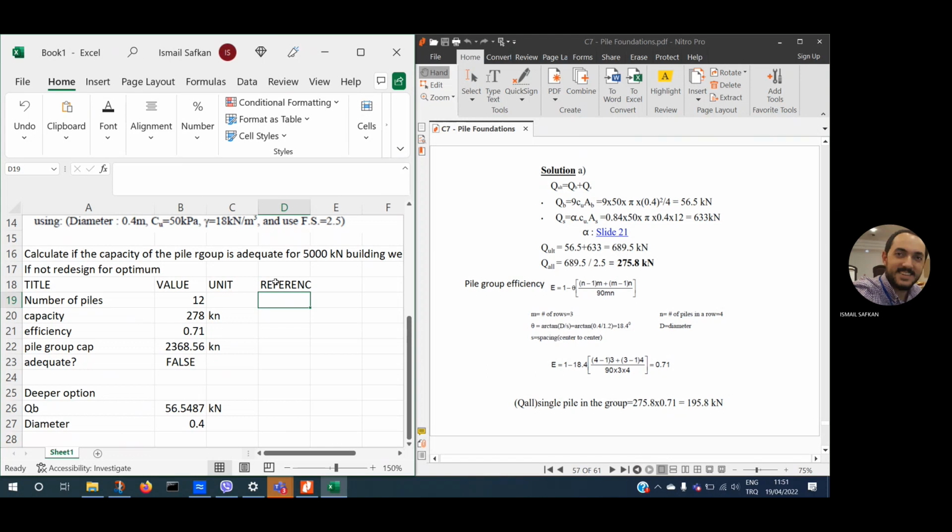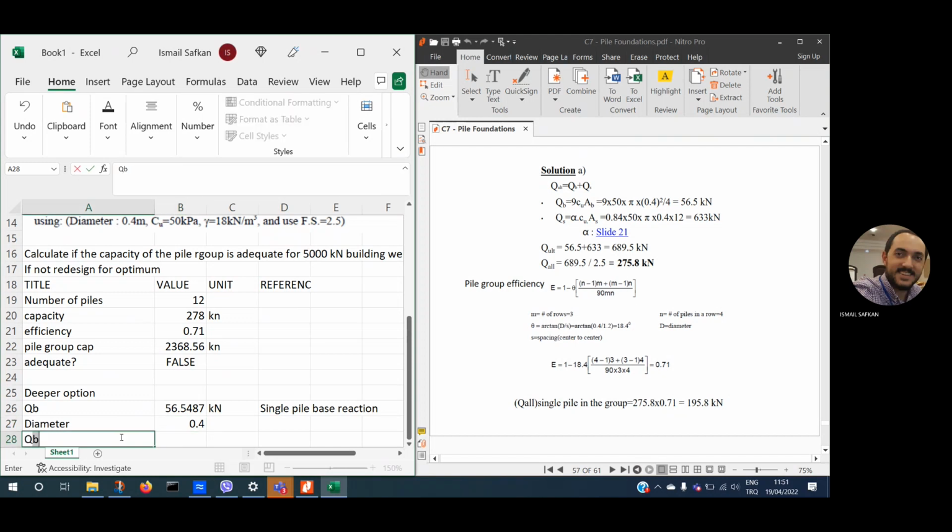For example, in the reference section, you might give a definition, for example, single pile base reaction. Okay? We calculated this. Now I can change the diameter if I want.